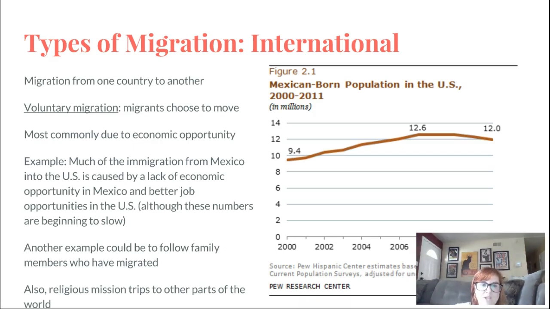Usually Mexicans come here for economic opportunities. Other Latin American countries have migrants that come to the U.S., and those can be for other reasons. They could be because of fear from drug cartels and political unrest and things like that. Those would actually be forced migrations and not voluntary migrations. But for the most part, most of the immigrants entering the U.S. are for economic reasons.